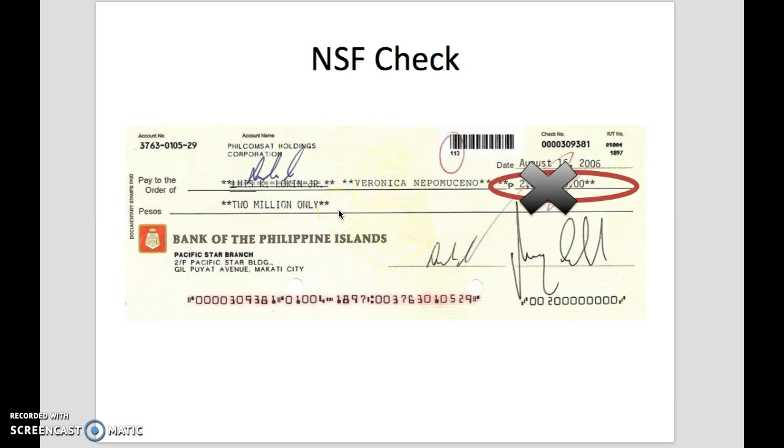Now, what will happen to this? There's this term called bouncing checks. So what would happen is this check will be returned to the payor, and the payor would have to either fund his account with enough money or change the check and bring it down to a lesser value, which he can afford.